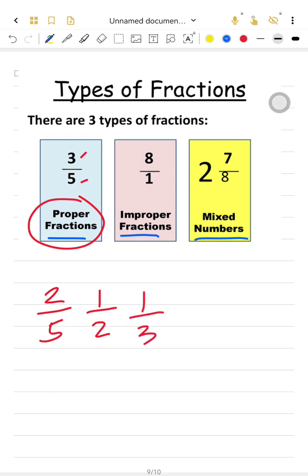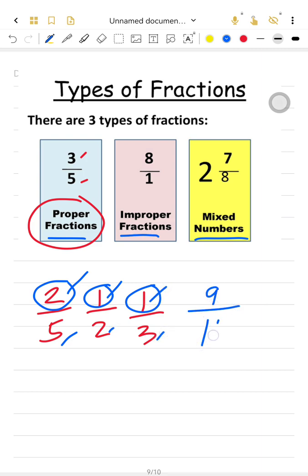As you can see, the numerators are less than the denominator. So 2 is smaller than 5. 1 is smaller than 2. 1 is smaller than 3. You can have 9 over 11 because 9 is smaller than 11. So that is an example of proper fractions.